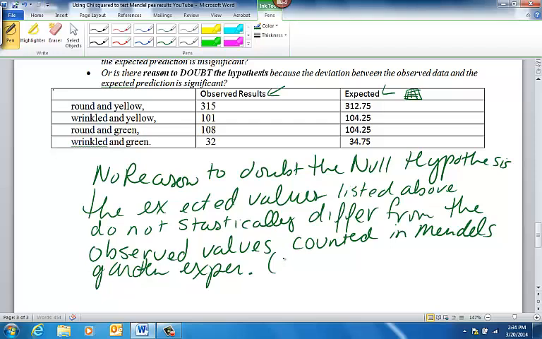And then it's 3 degrees of freedom, p equals 0.05. Okay, that was what we were using.